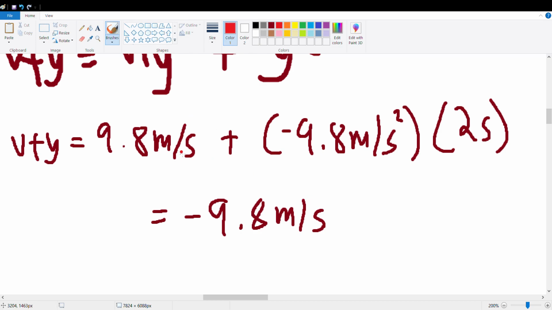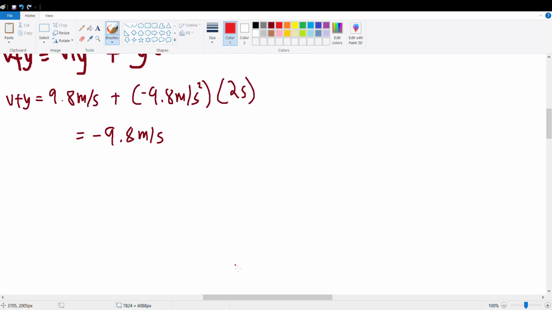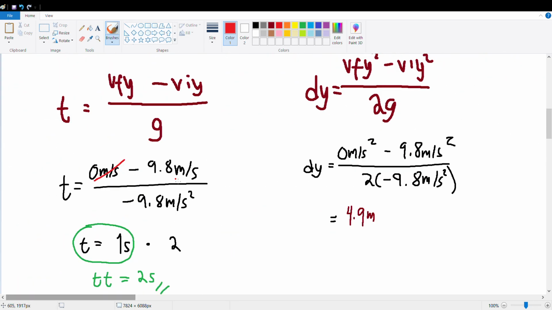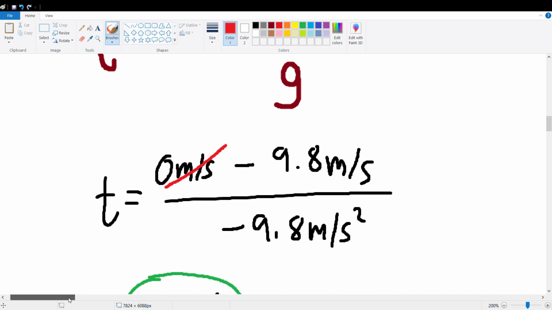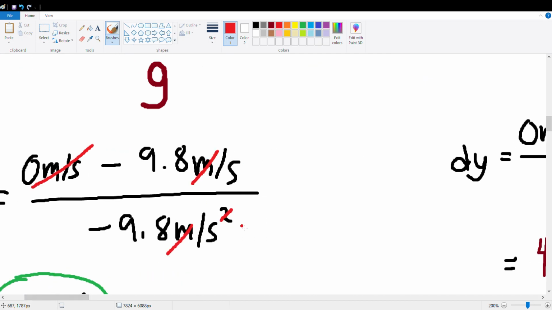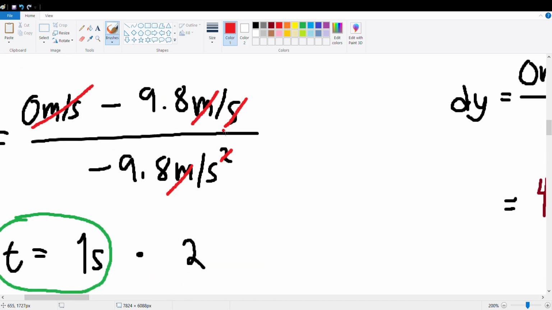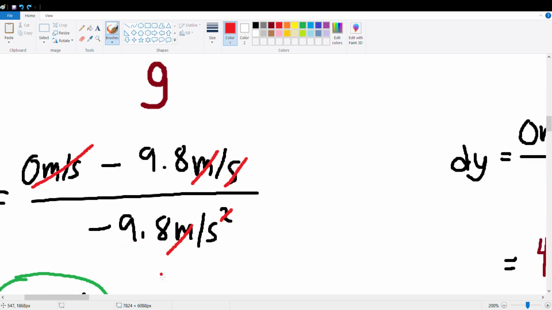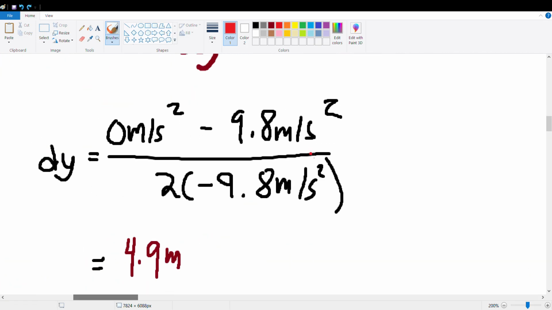So how do I actually cancel these out? Let's start with the time. Basically, this got cancelled out, and you got left with seconds here. And then for the dy, you cancel out the time here.